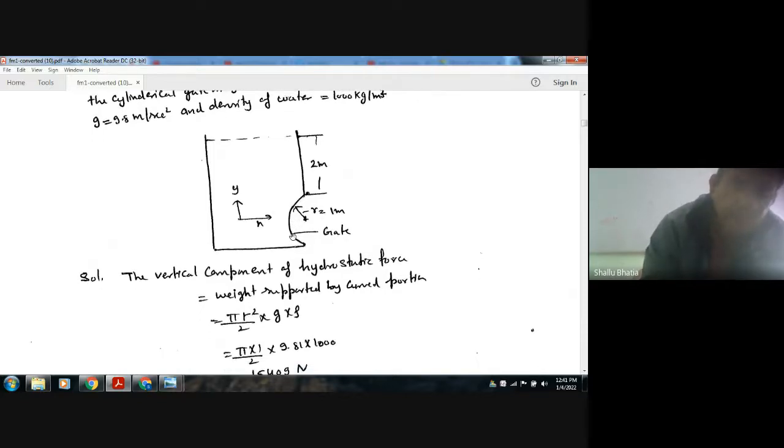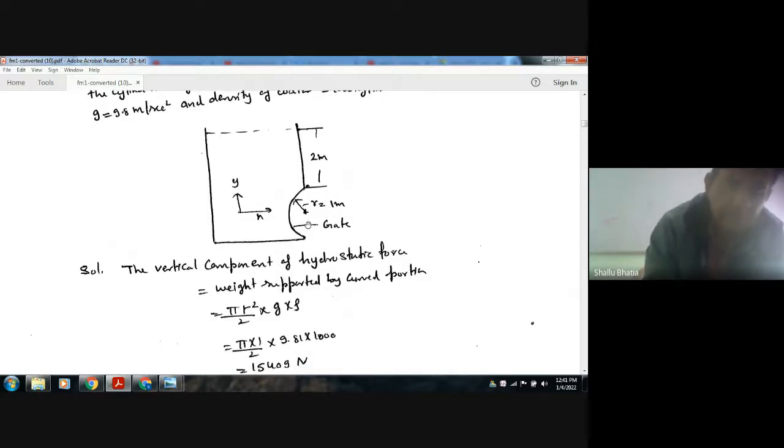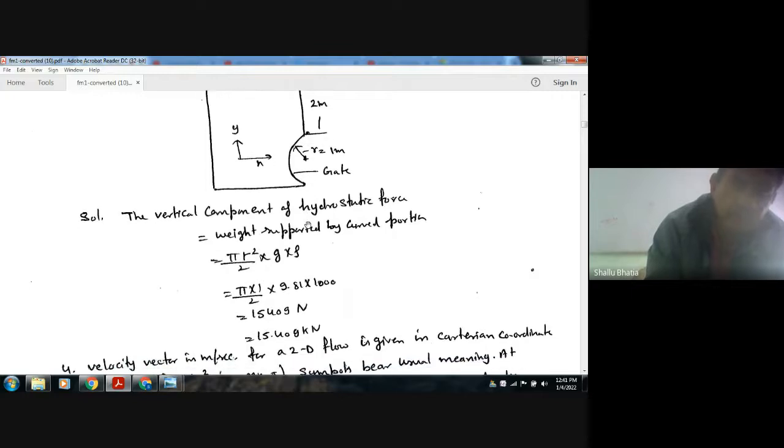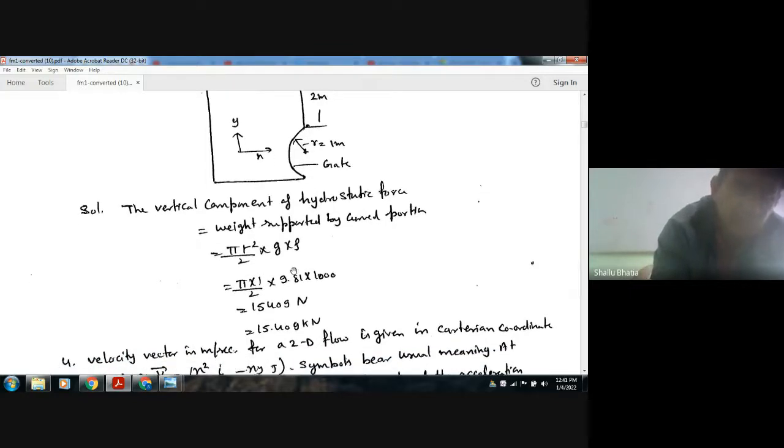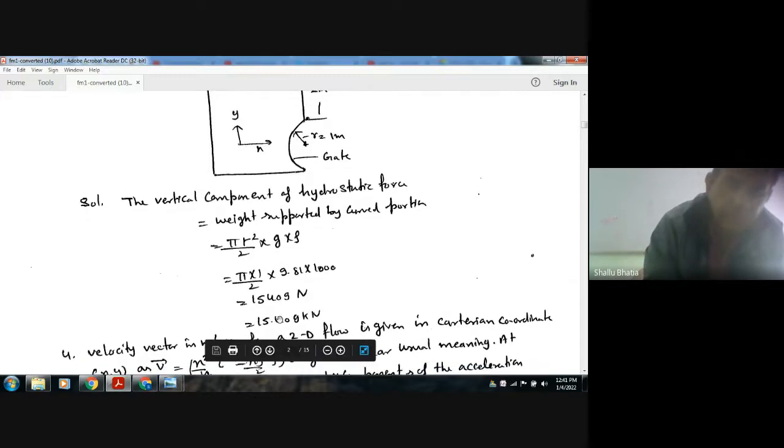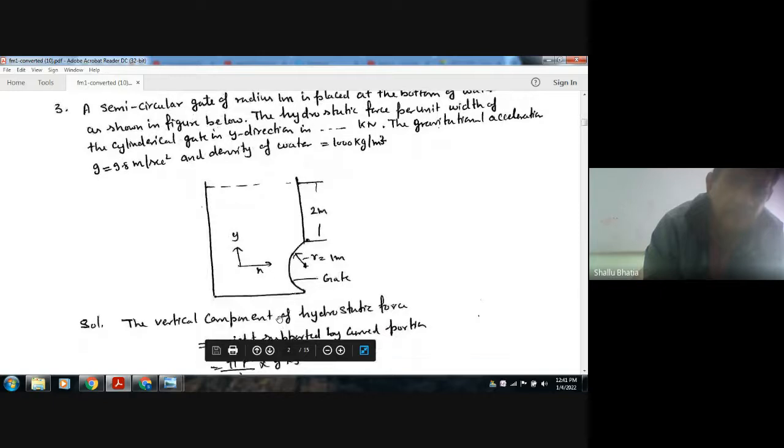The weight supported by the curved portion, this is R, in a semicircle, so pi r square by 2 into rho g. So this is the vertical component. Putting the value R is 1 meter and putting all the values, you can have 15.409 kilonewton.